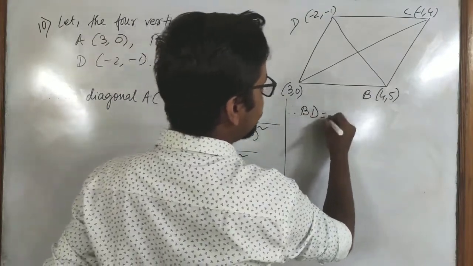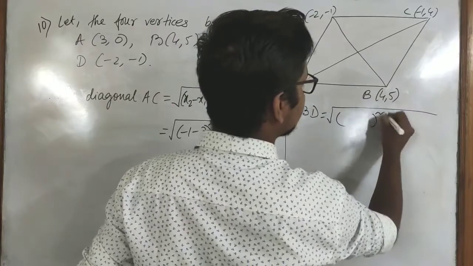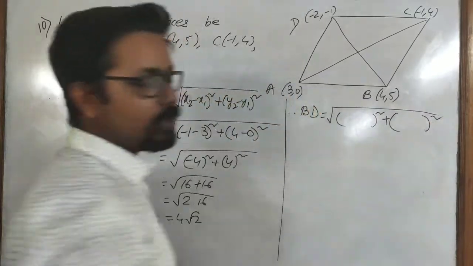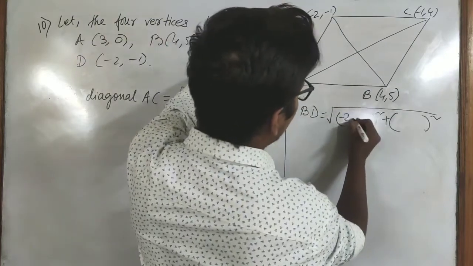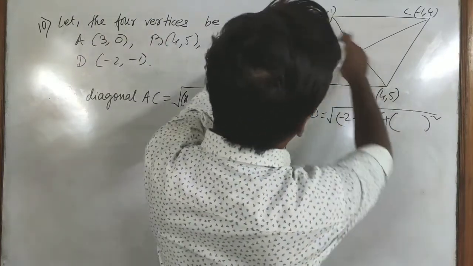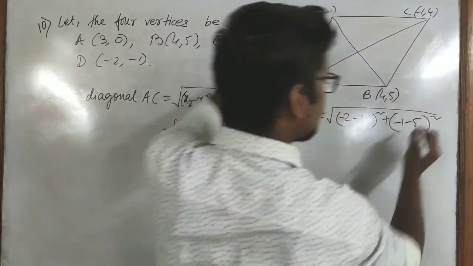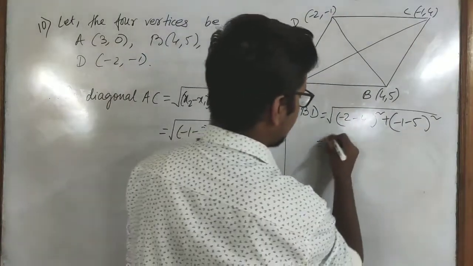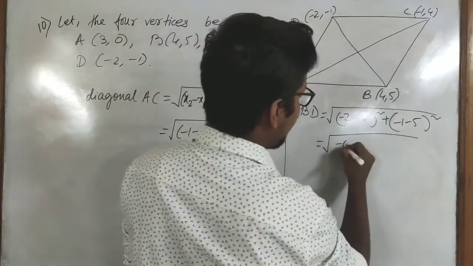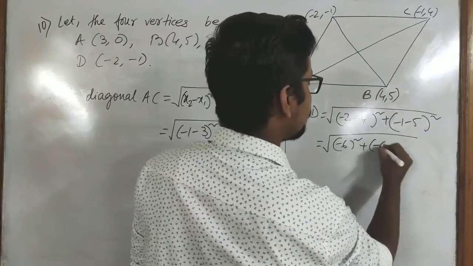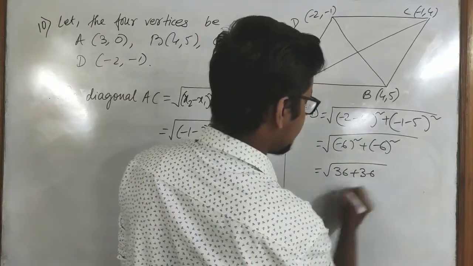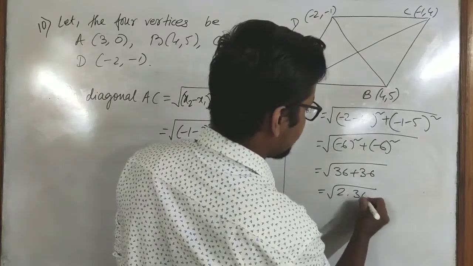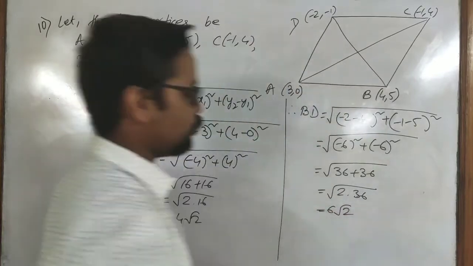Again the same formula, x2 minus x1, y2 minus y1. So for BD, we have -2 minus 4 and -1 minus 5. So it is (-6) whole square, and this is also (-6) whole square. So it is 36 plus 36, which you can write as 2 into 36, that is 6√2.